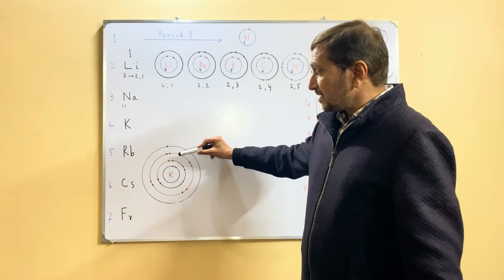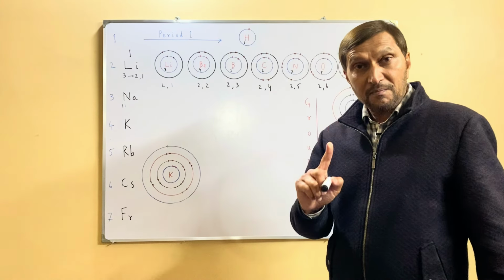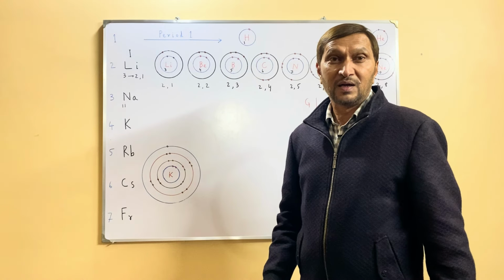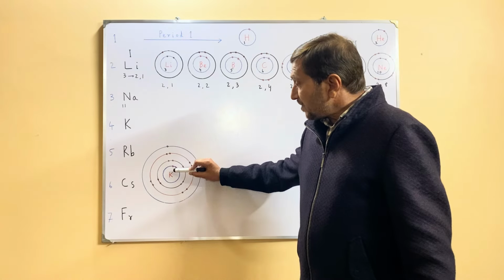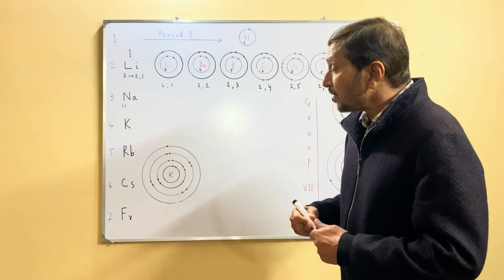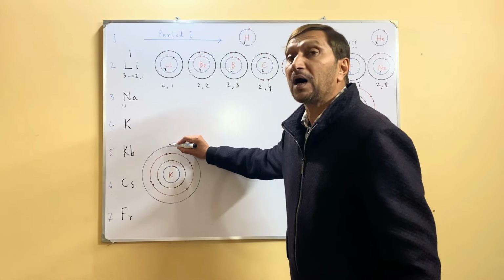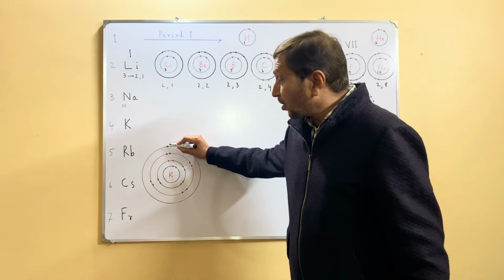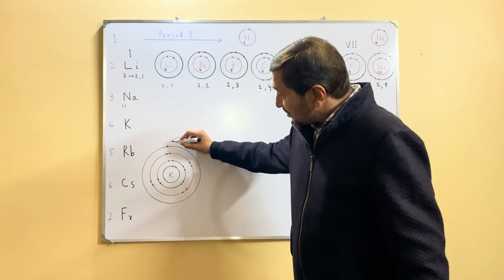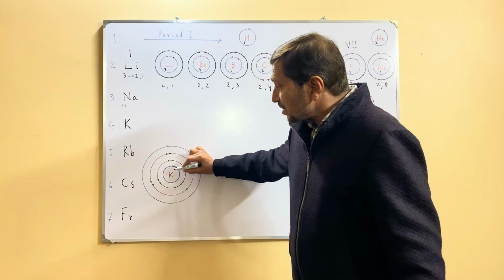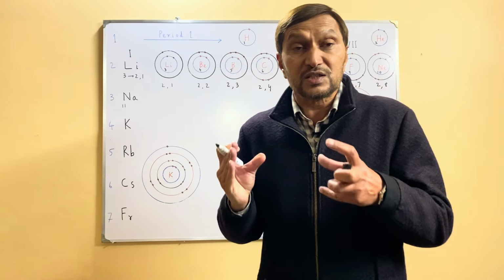But in metals, remember that metals have to lose the electron. When the shells are being added, the atomic radius is increasing, so it becomes difficult for the central nucleus to hold the outermost valence electron because of the too much increased atomic radius. The attraction of the nucleus towards the outermost electron becomes weaker, it decreases.